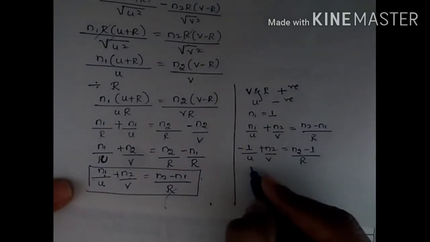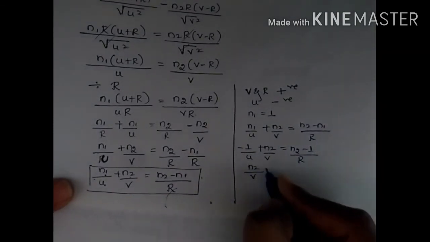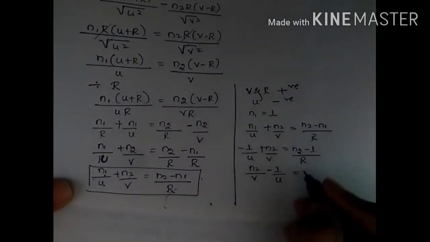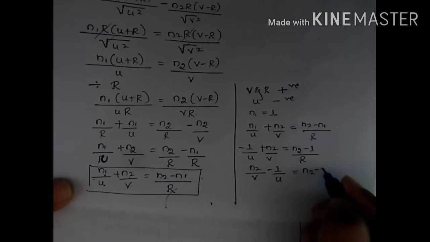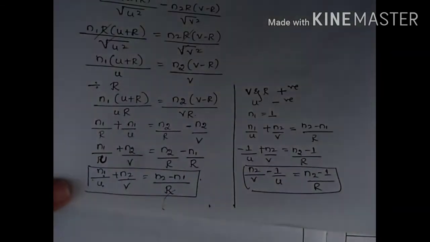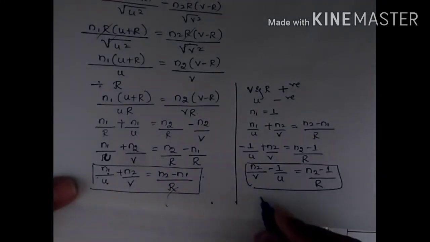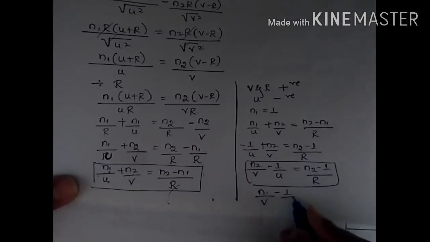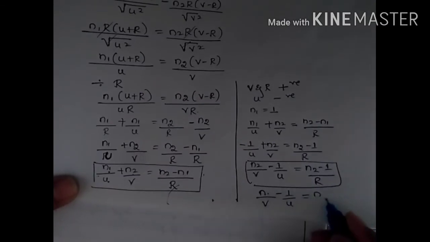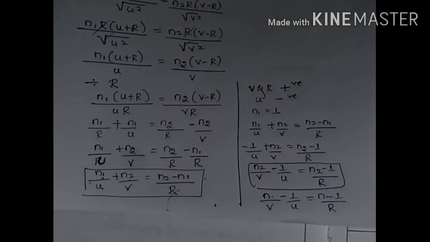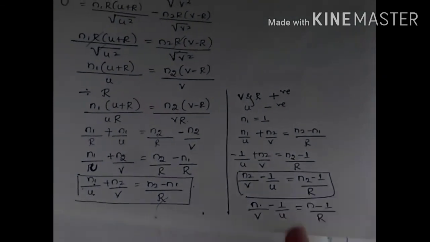So this can be written as n2 by v minus 1 by u equals (n2 minus 1) by r, or n by v minus 1 by u equals (n minus 1) by r. So if the first medium is air, you can directly apply this equation.